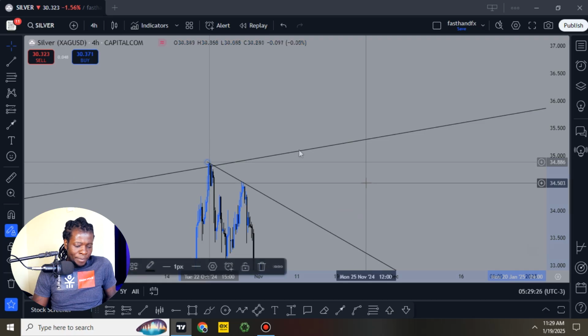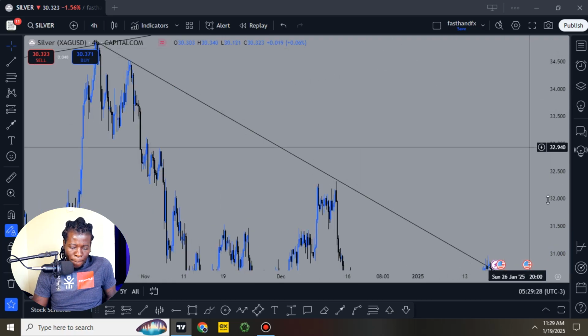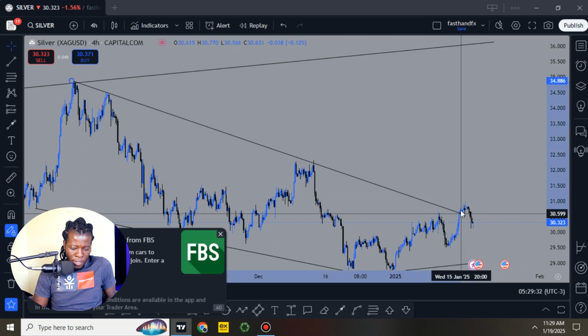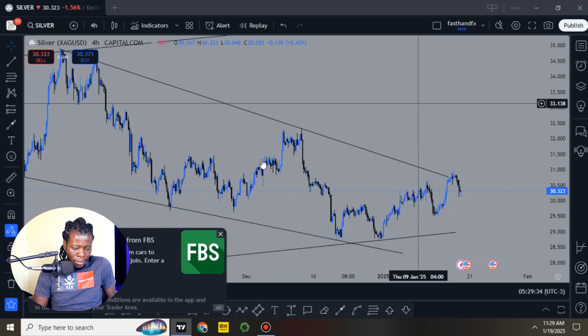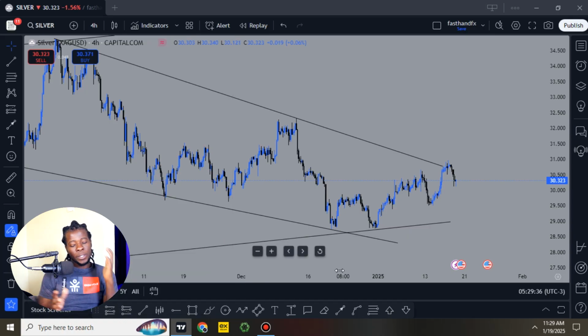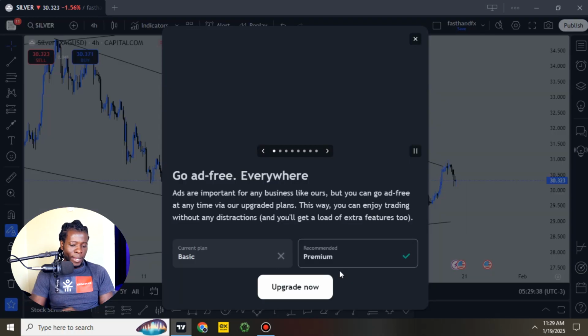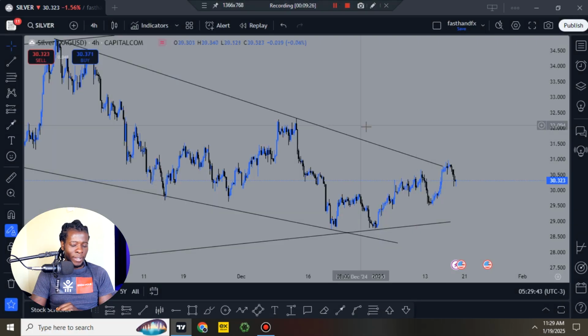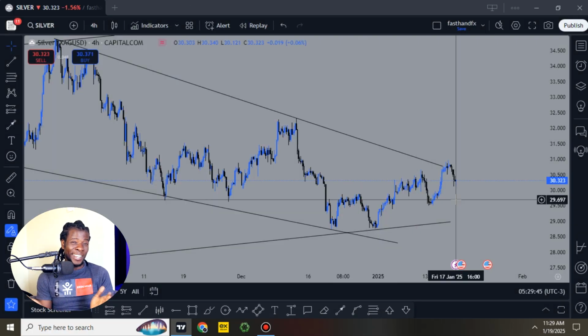You understand? 1 2 3 right there. Last week she kind of tried to break, then respected. I see some bears coming in. So if this is what we see based on our analysis, basically I think we should just wait for the next reaction confirmation. If we get our bullish properties, I'm still going to take that trade.